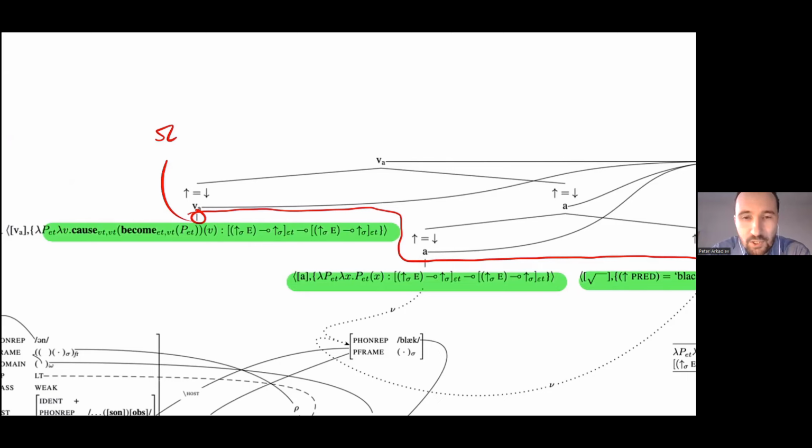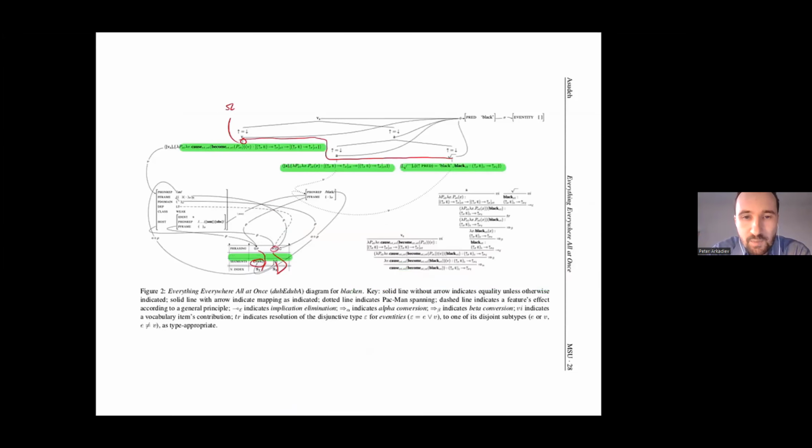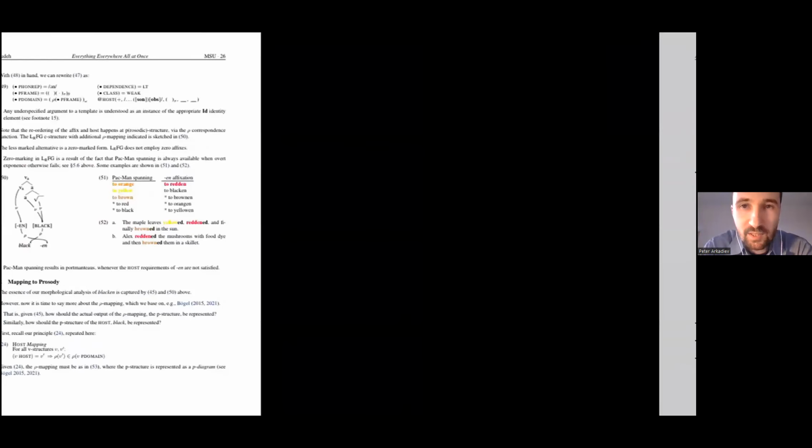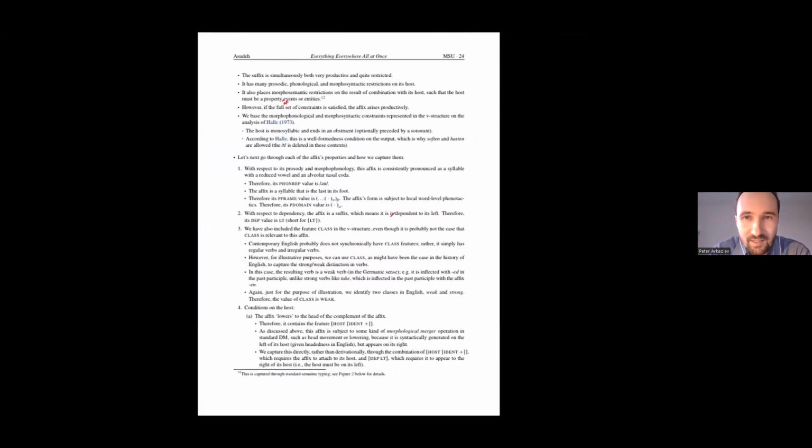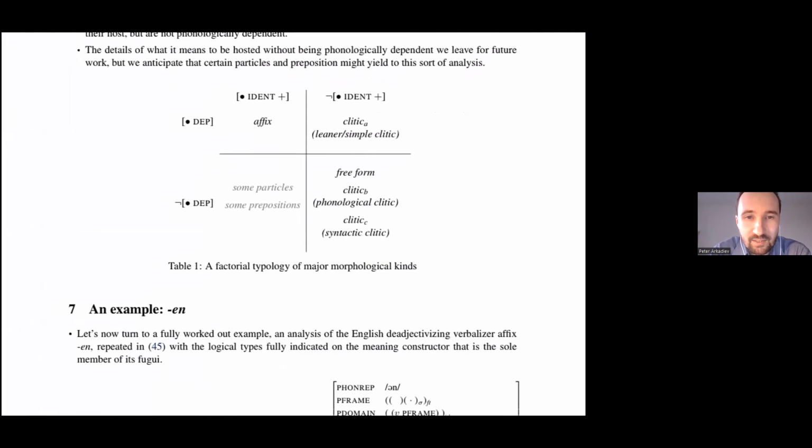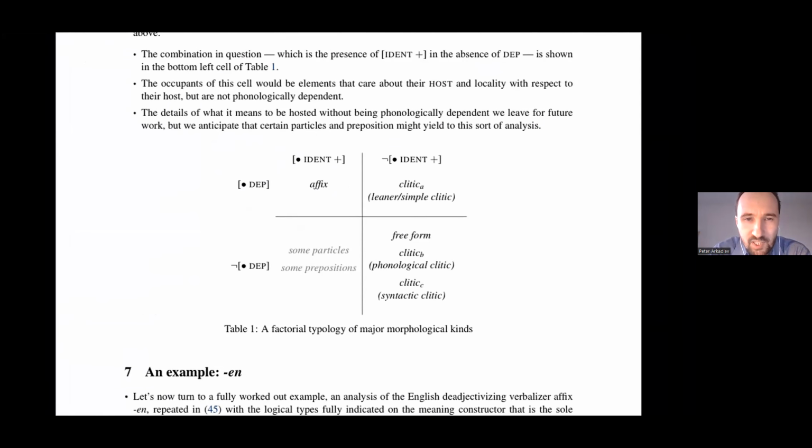It relates to your pages 22 and 23, and specifically your way to deal with the clitics of the third kind. So with respect to table one, I'm afraid I just didn't understand the ident plus thing. Therefore, I don't understand how so-called syntactic clitics end up with free forms.